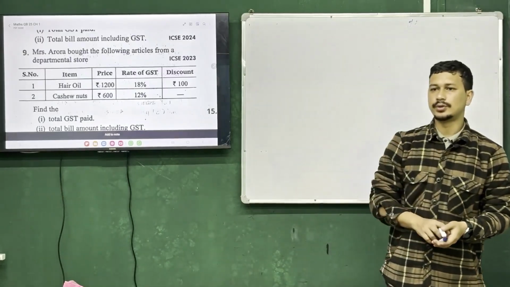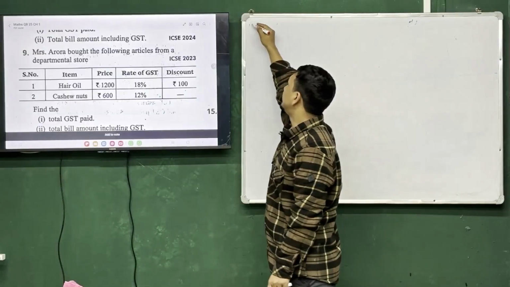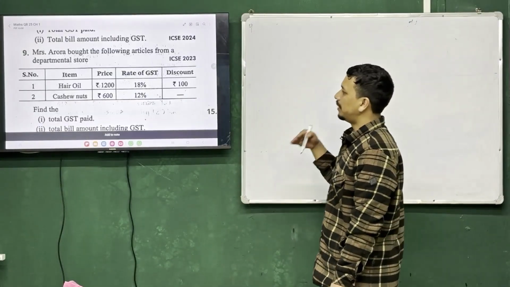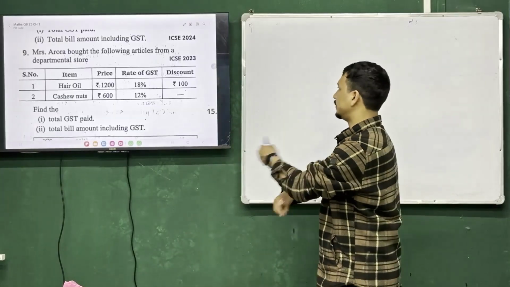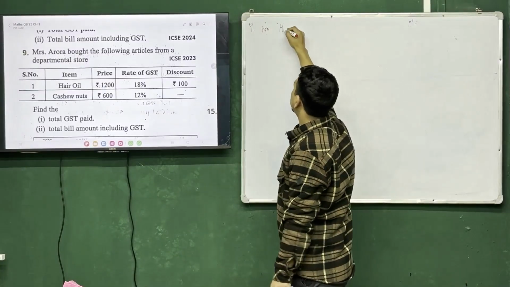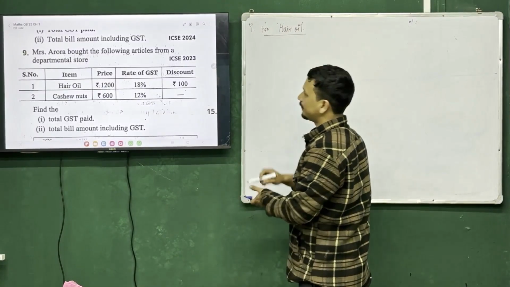Let's see the next question, question number 9. Again, I'll be doing this with the breaking method, that means I'll take one item and do it individually. But if you want, you can go ahead with the tabular method also. I'll do hair oil first.